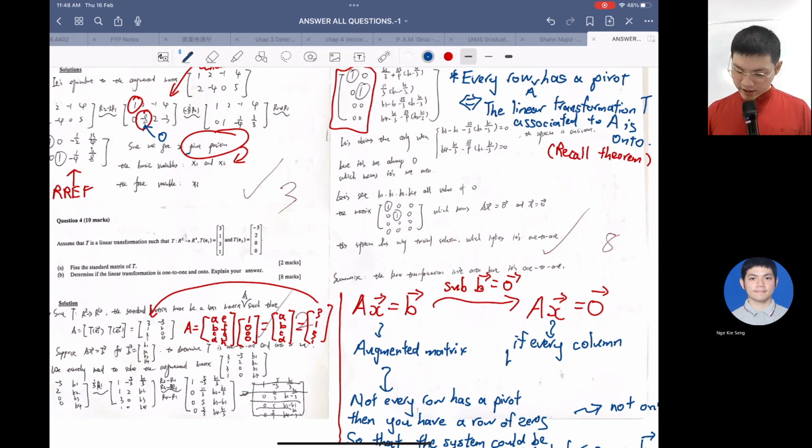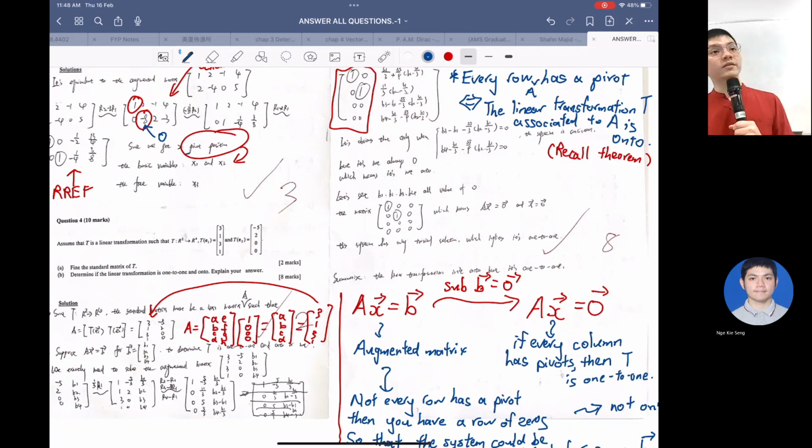If every column has a pivot, then T is 1 to 1, because the columns are linearly independent, so the only solution to the homogeneous system is 0.